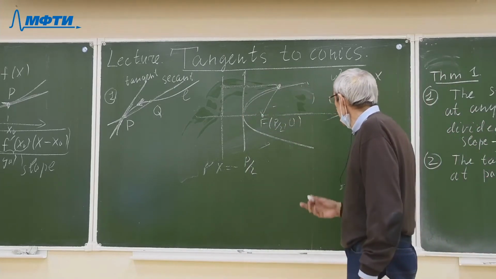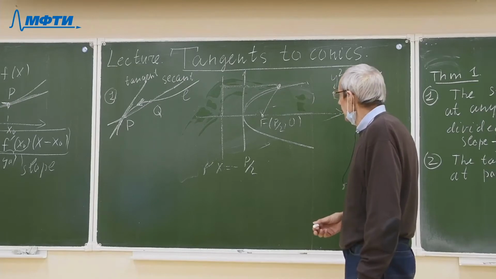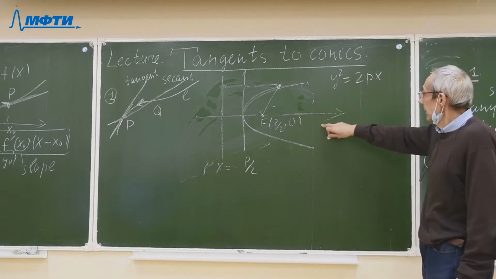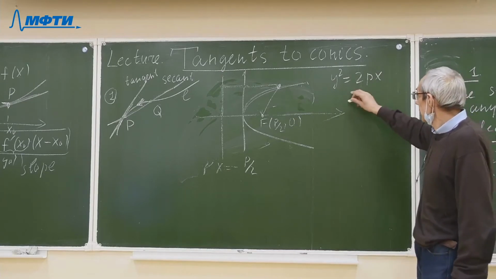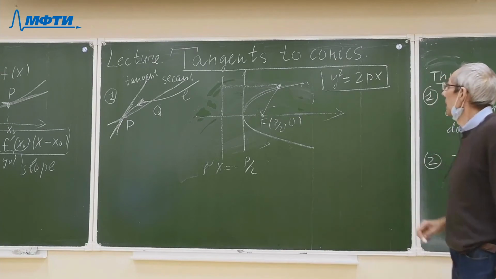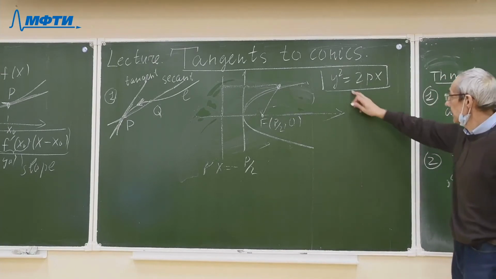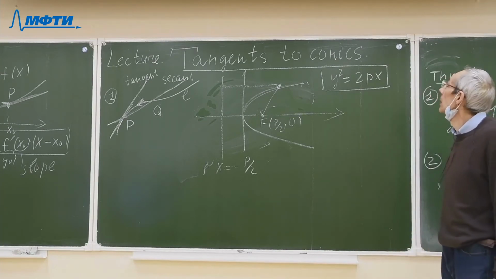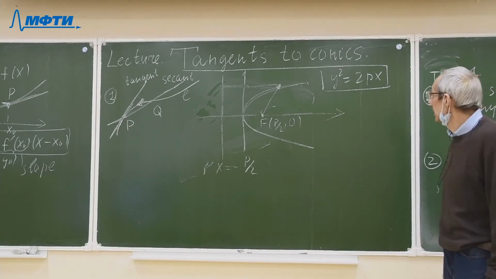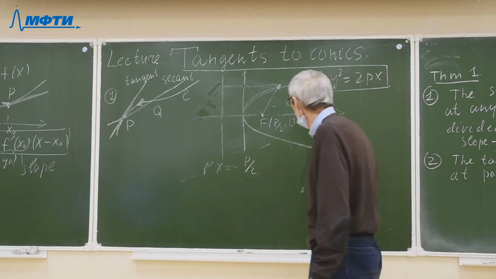From this geometrical condition we derived the standard equation of the parabola, y squared equals 2px.